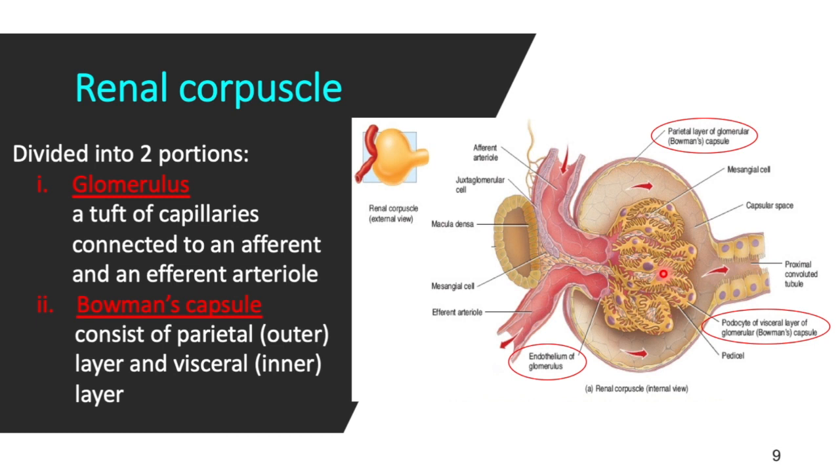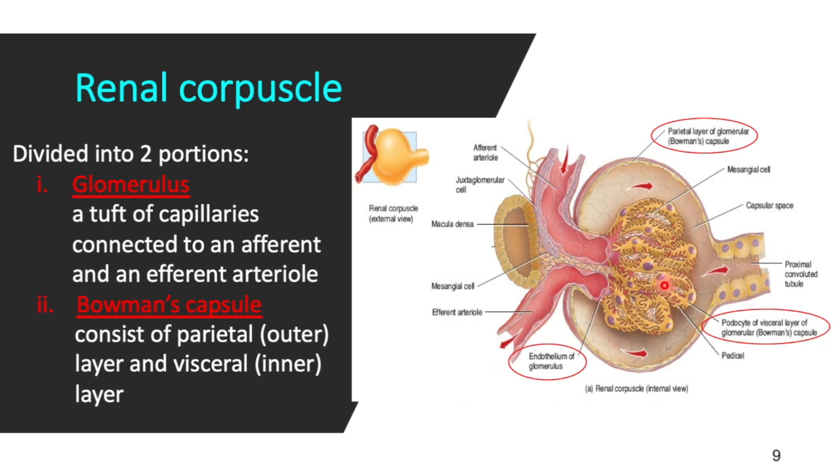Bowman's capsule encapsulates this glomerulus. This is Bowman's capsule. It consists of two layers, which are parietal layer, which is the outer layer, and the inner layer, which is visceral layer. This visceral layer consists of podocytes.